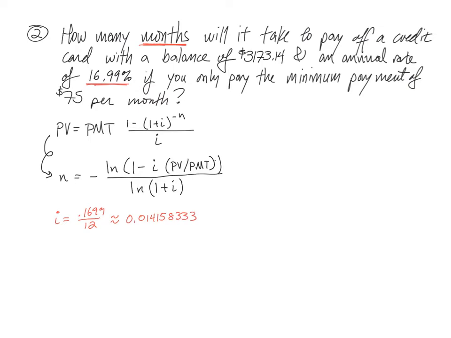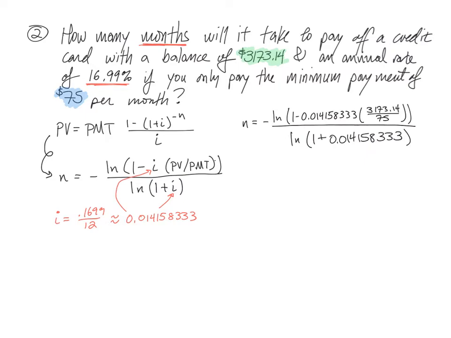So anytime you see an I in this equation, we're going to put this string of decimals. The present value here is pretty straightforward. It's $3,173.14. The monthly payment will be $75. So we get to just start substituting numbers in and see what we get. So this is what it looks like with all of the numbers substituted for the variables.